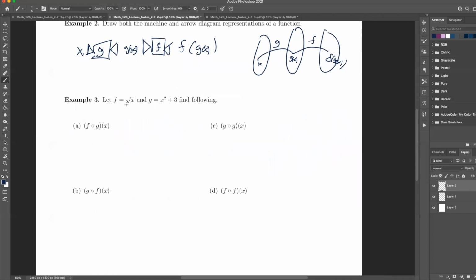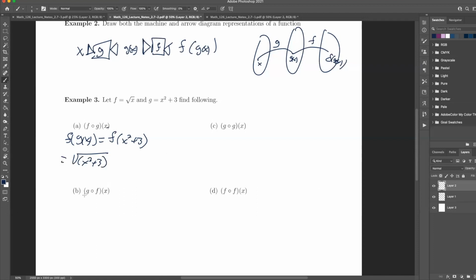All right, so here, f of g of x is f of g of x. And I almost always suggest doing this, and then it'll be f, well, g of x in this case is x squared plus 3. And then everywhere I see an x in f, so it'll be the square root of x squared plus 3. And you can go ahead and leave it like that.